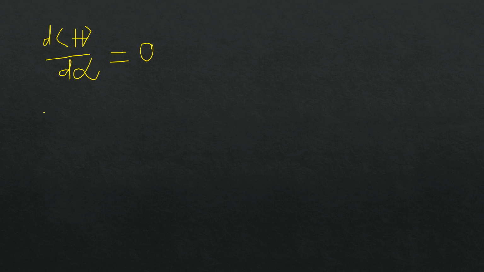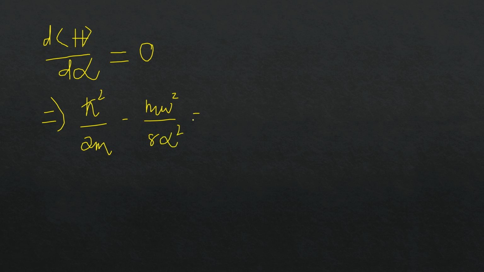So if we take the derivative, that will be h cut square by 2m, the alpha derivative is 1, minus m omega square by 8 alpha square, is equal to 0.